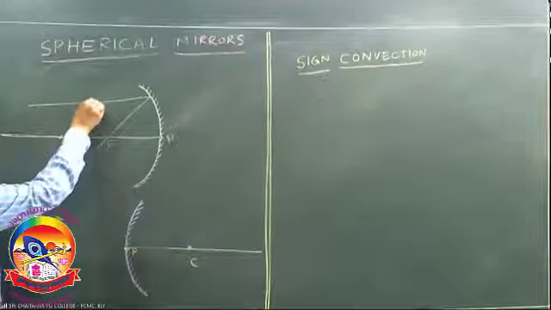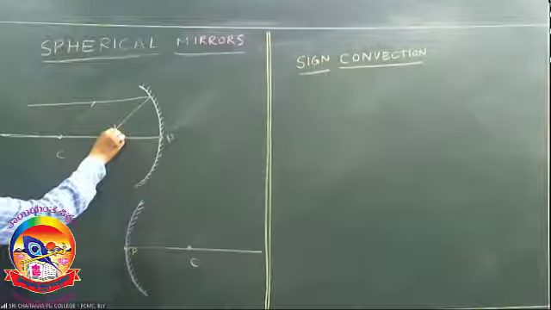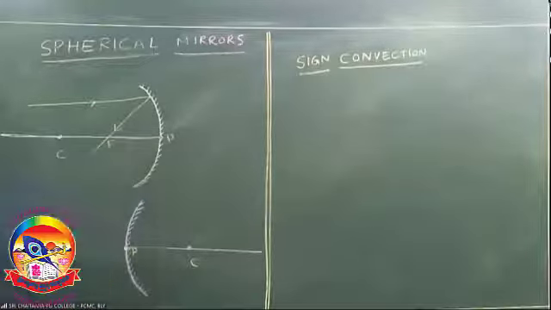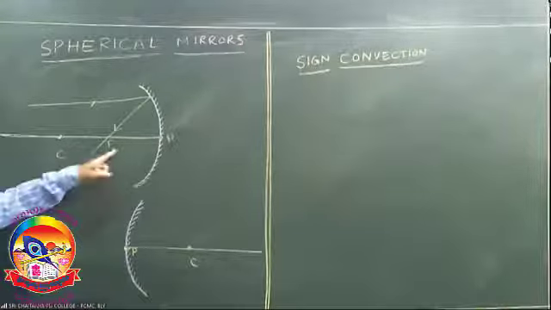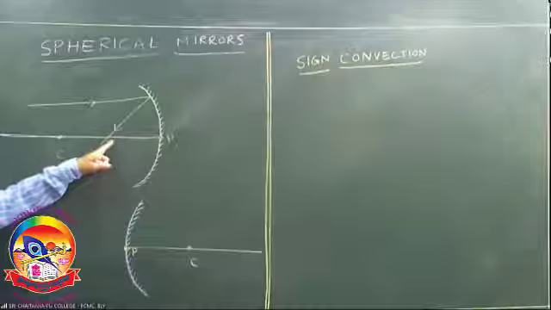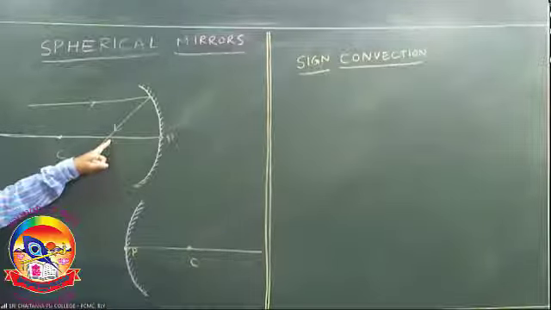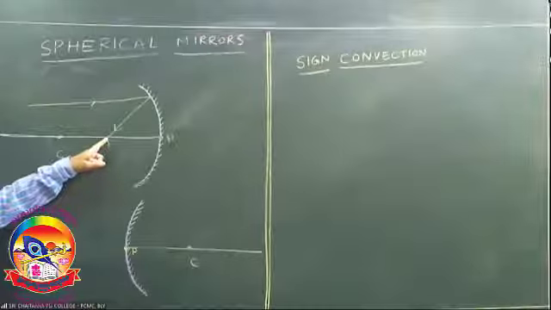If the light ray is made to incident on the concave mirror parallel to the principal axis, that is the first point. Second point, the ray must be a paraxial ray. After reflection, definitely that light ray passes through a fixed point on the principal axis, and that point is called the principal focus.